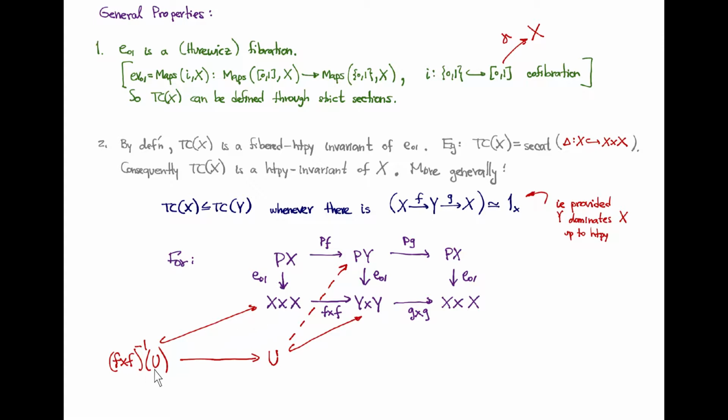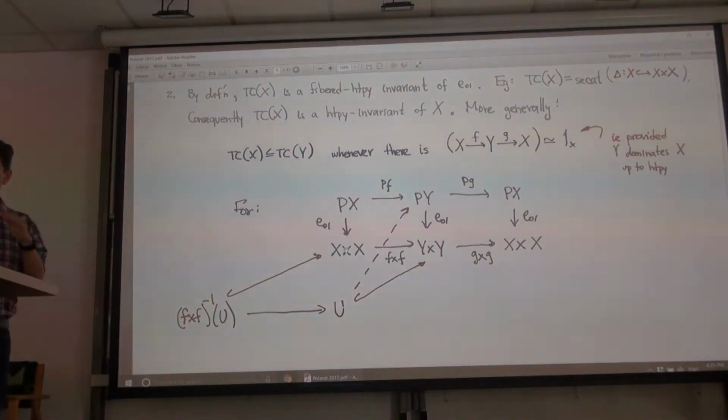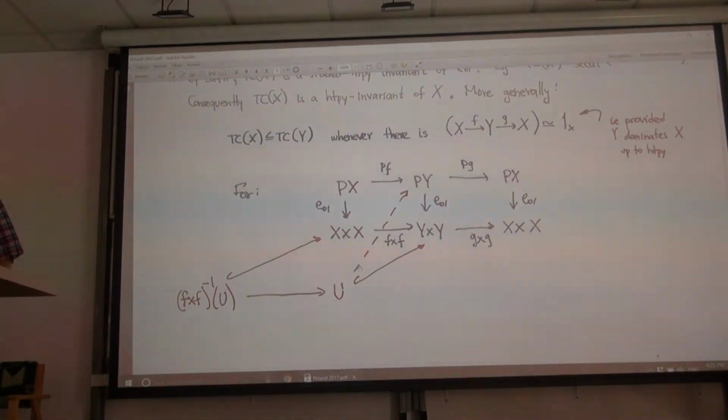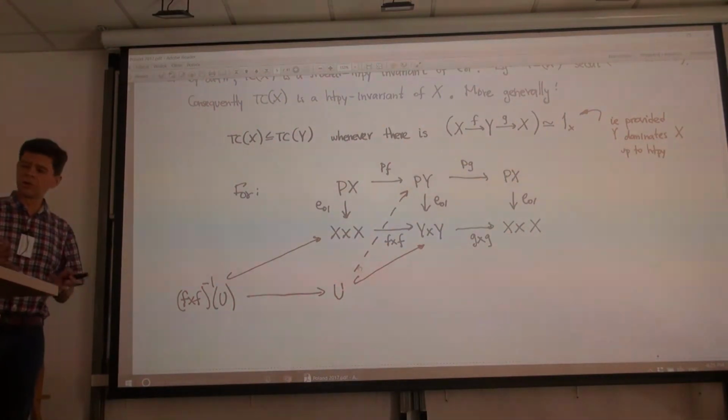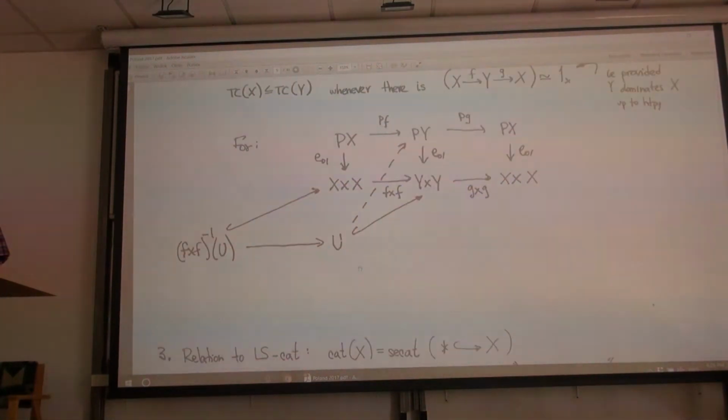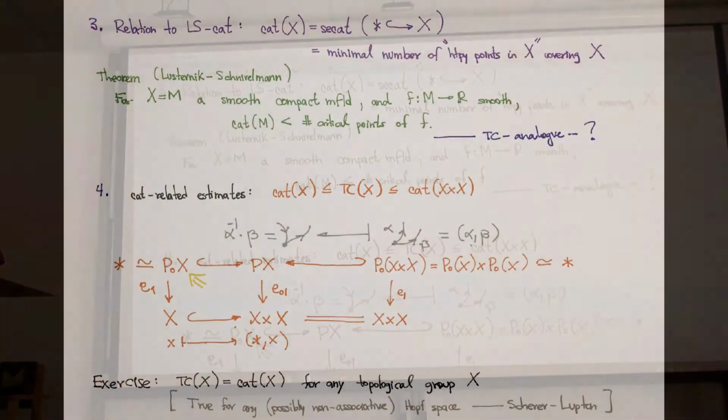So you get indeed a local section up to homotopy. And then if you need it, you can just fix it. So spaces dominating up to homotopy smaller spaces have larger topological complexity.